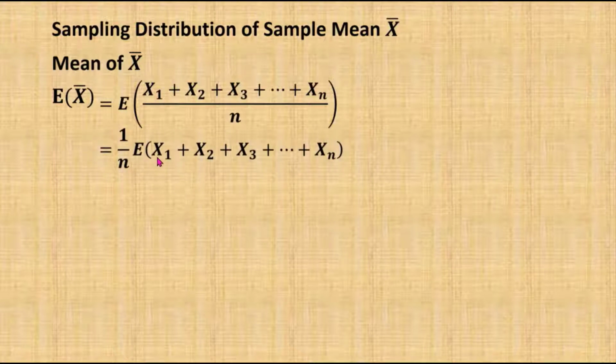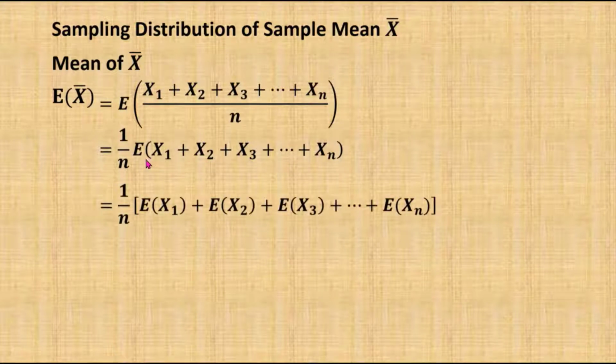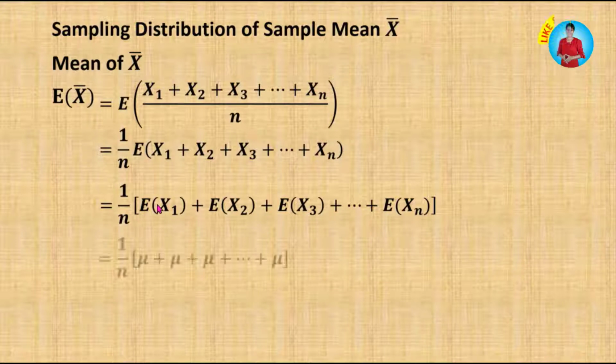Now for each of the observations, I separate them so this becomes E(x1), E(x2), and so on. Since x1, x2, and x3 are taken from the same distribution, the value of the mean must be the same, that is mu.